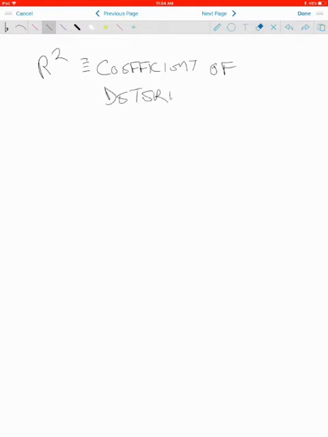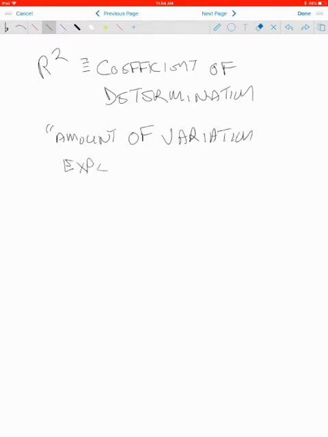It's used for a number of different statistics. And so R-squared is a descriptive measure, and it describes how much variation is explained. So it describes the amount of variation explained by groups.